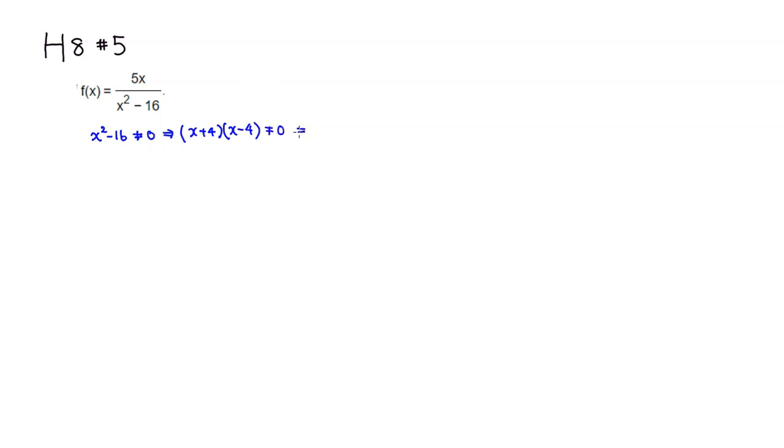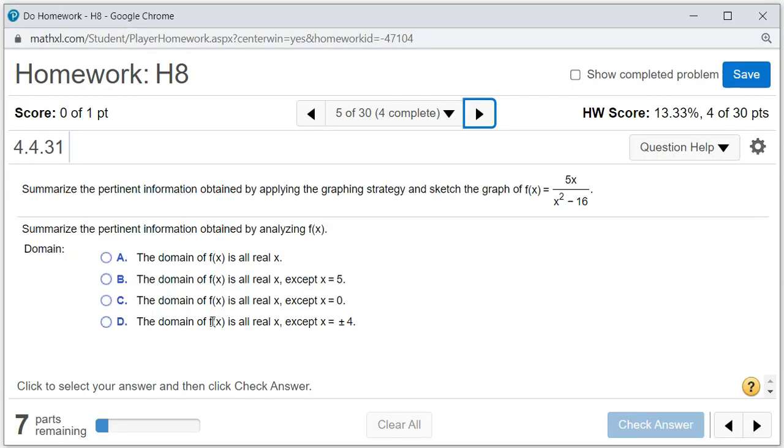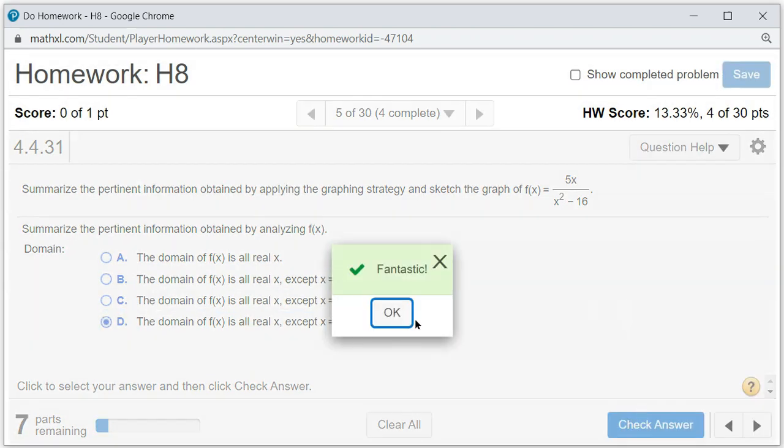So we cannot have x equals plus or minus 4. Everything but those numbers: all real x except x equals plus or minus 4.